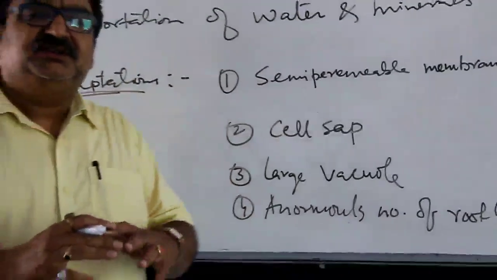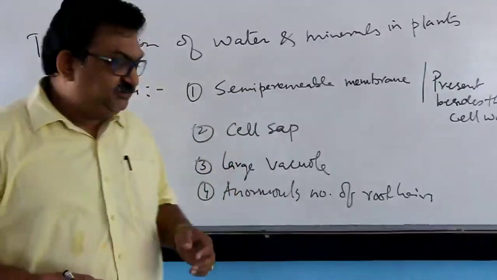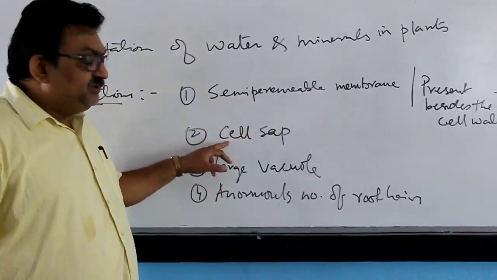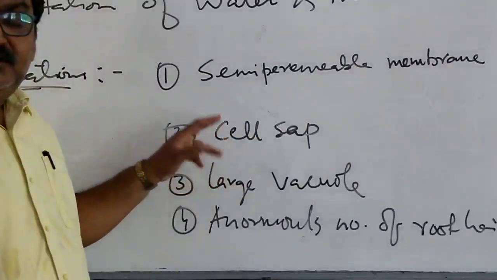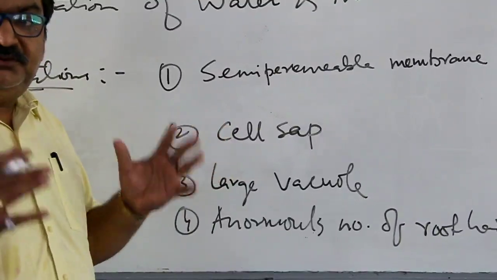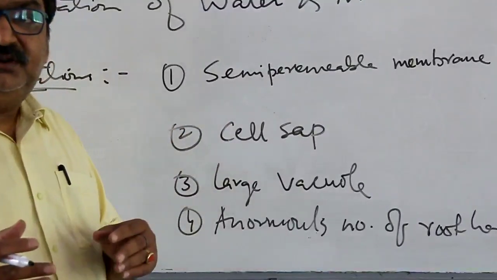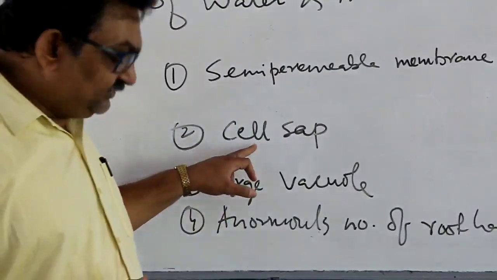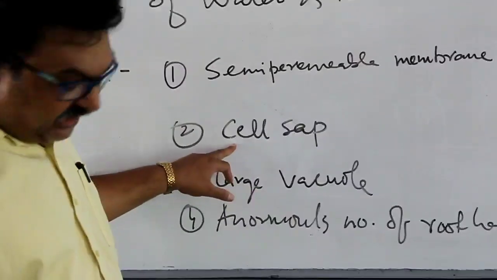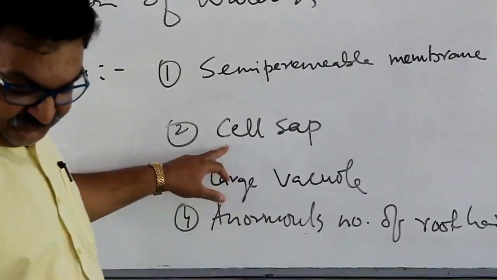Enormous number means too many in numbers. Now cell sap is the watery liquid which has a higher concentration of minerals and ions than the soil water.